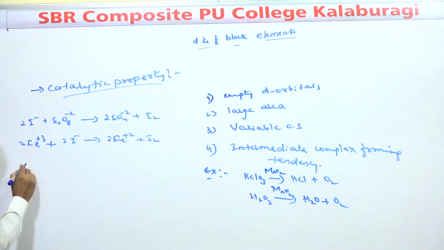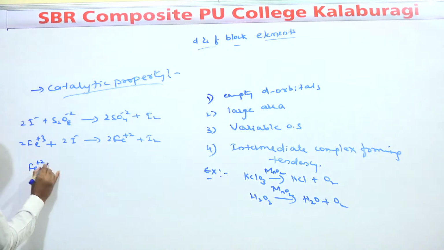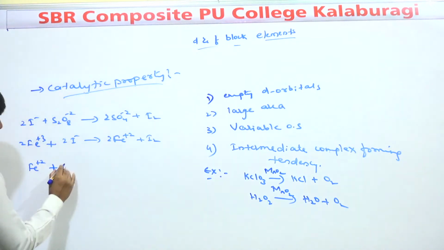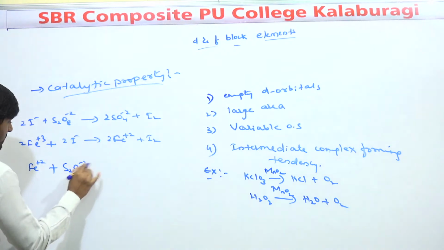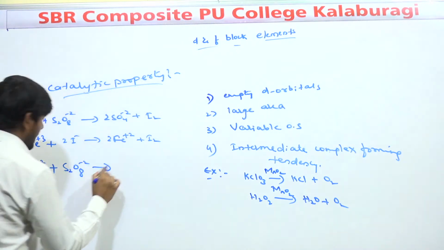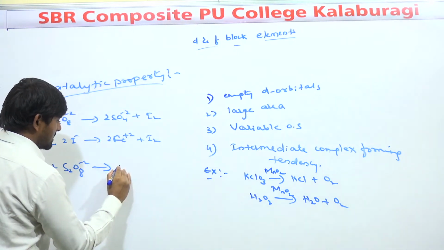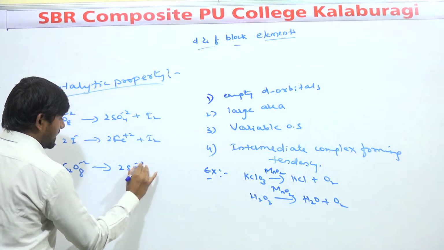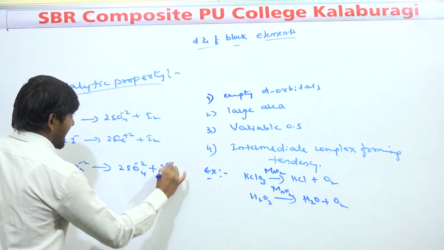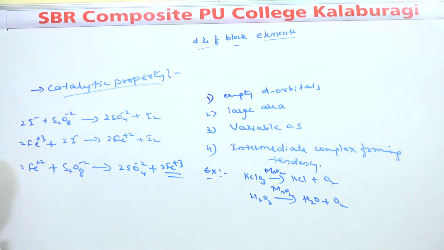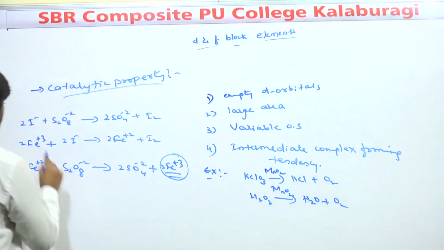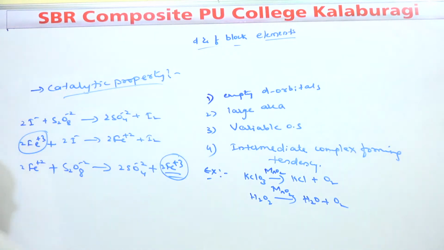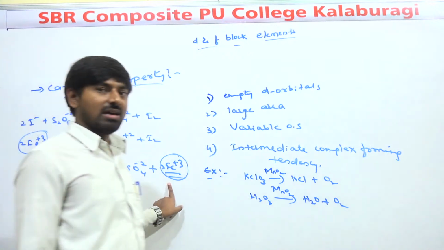Now, this ferrous ion once again takes part in the reaction. This ferrous ion reacts with persulfate and converts it into sulfate ion, and as usual, the initial chemical is regenerated. Initially I was with 2Fe plus 3, and at the end of the reaction, once again I am with Fe plus 3.